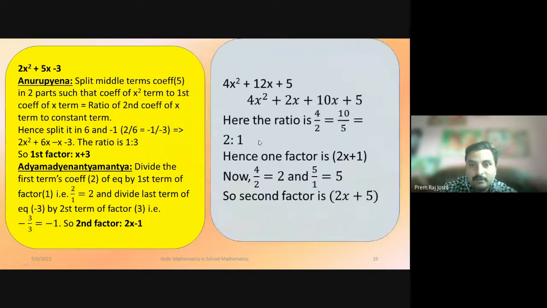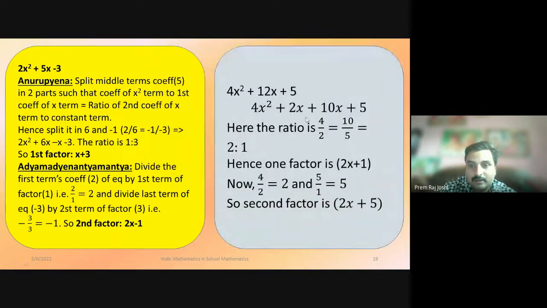So I have another example like this. It is quite simple, I think. The 12x, I have split into two numbers. Here the ratio of 4 and 2 is the same as the ratio of 10 and 5, which is 2:1, and the factor will be 2x plus 1. In the same way, we divide 4, the coefficient of x square, by the coefficient of the first term of the first factor, 2, and we get 2.